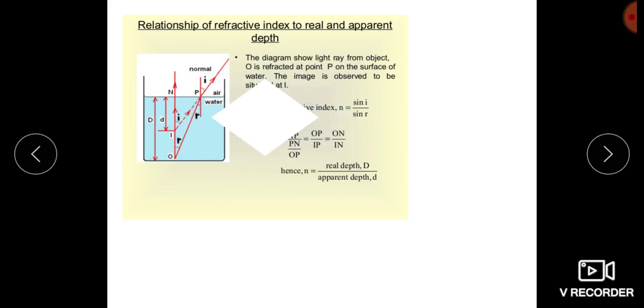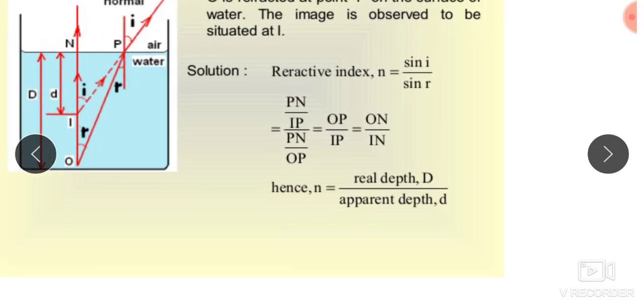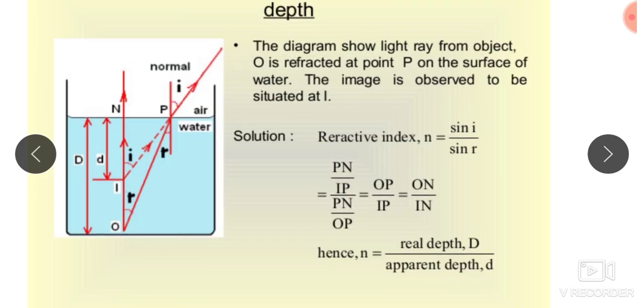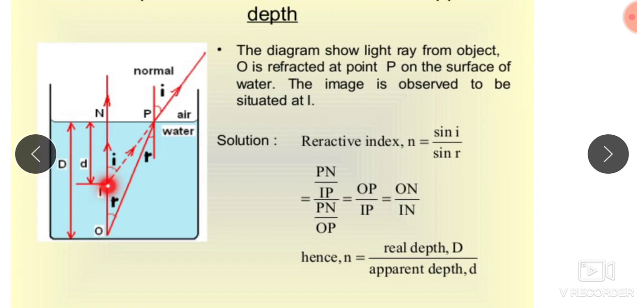Next part, the relationship of refractive index to real and apparent depth. If an object is kept here, the ray travels like this and reaches the eye. So instead of the object O, we observe the object here.